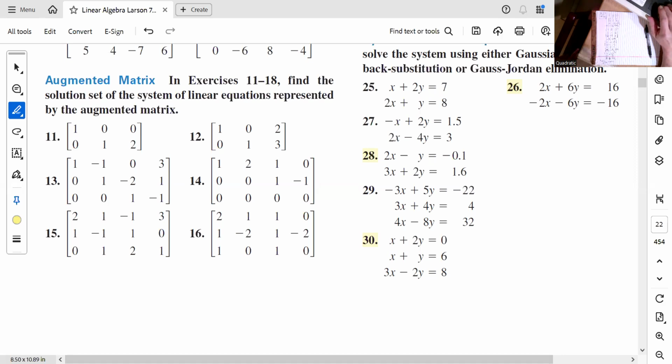All right, so the equations were x plus 2y equals 0. And then the other equation is going to be x plus y equals 6.